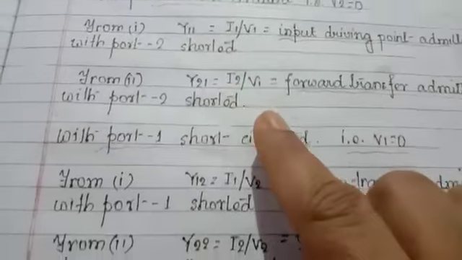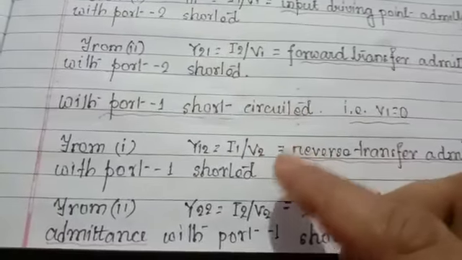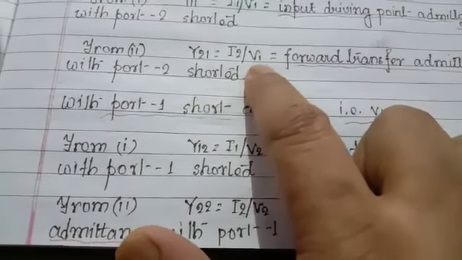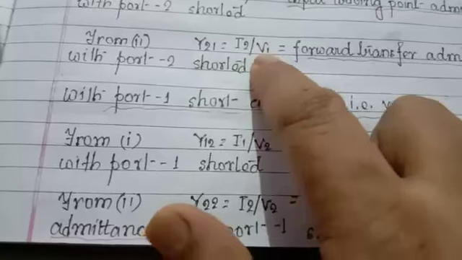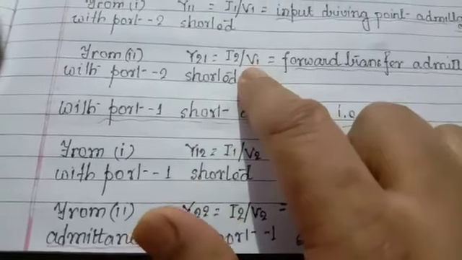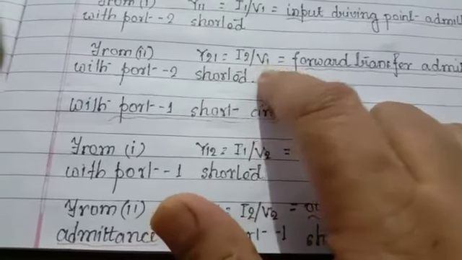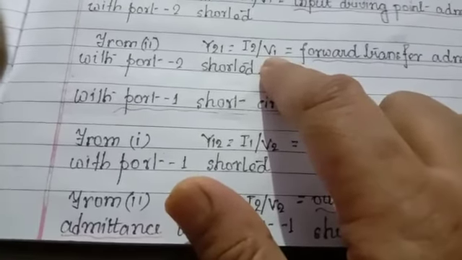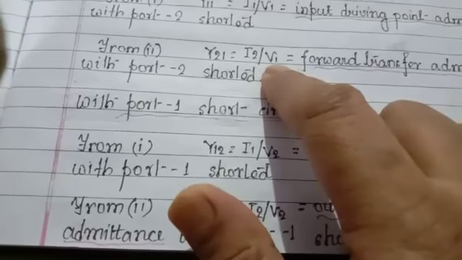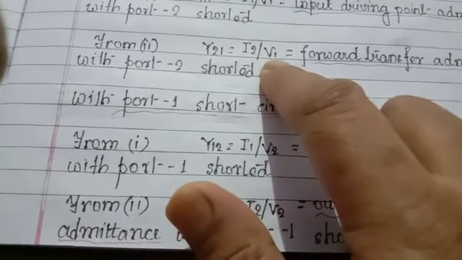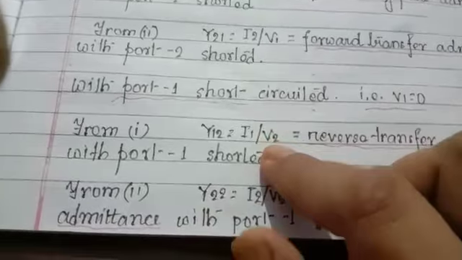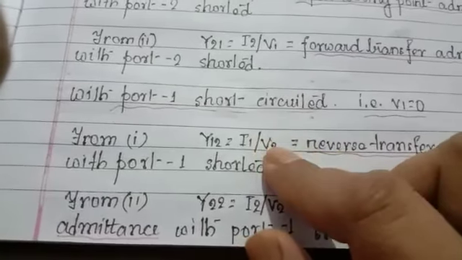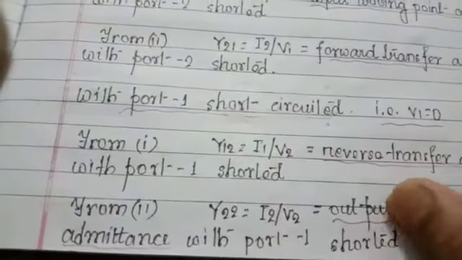And how are forward and reverse quantities defined? It is defined by the quantity that appears in the denominator. If the quantity in the denominator is that of port 1, then it is forward transfer, and if it involves a variable of port 2, then it is reverse transfer.